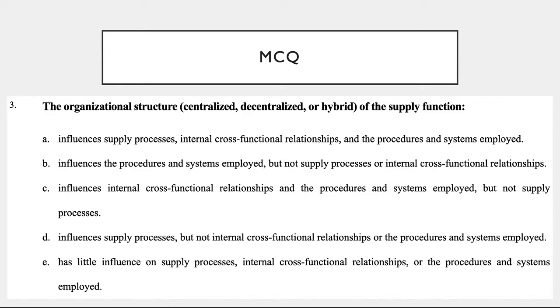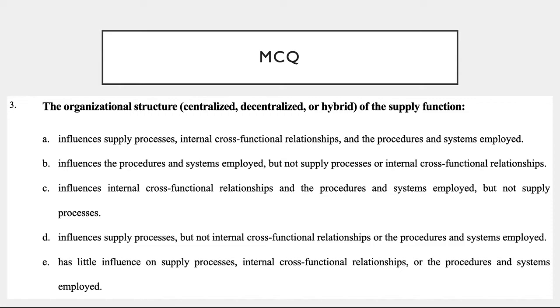C, influences internal cross-functional relationships and the procedures and systems employed but not supply processes. D, influences supply processes but not internal cross-functional relationships or the procedures and systems employed. And E, has little influence on supply processes, internal cross-functional relationships, or the procedures and systems employed.